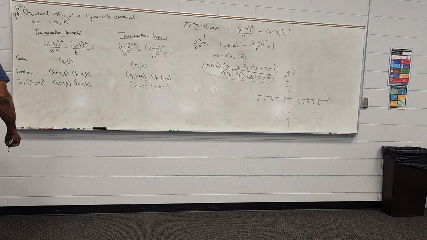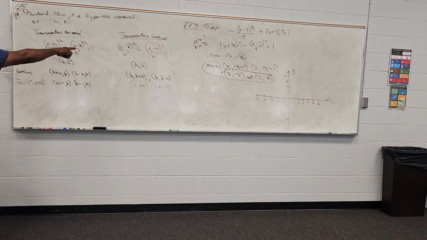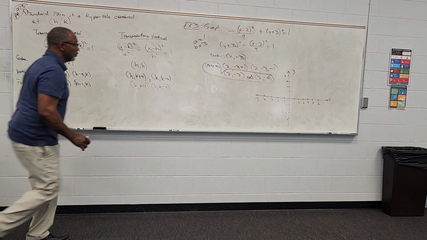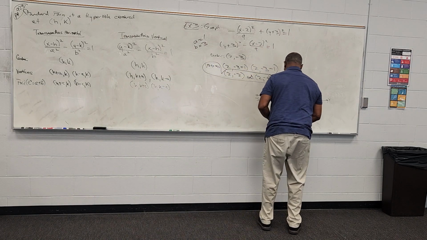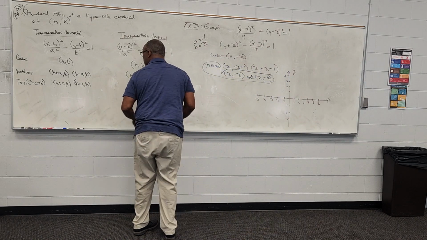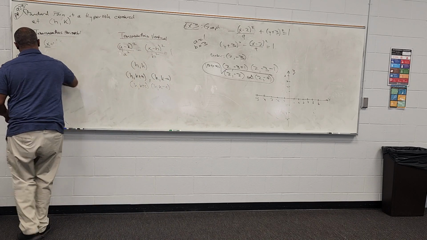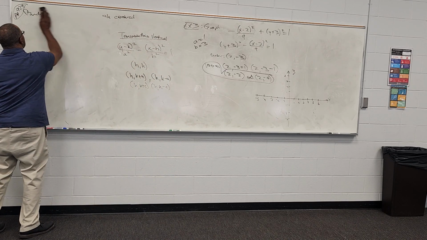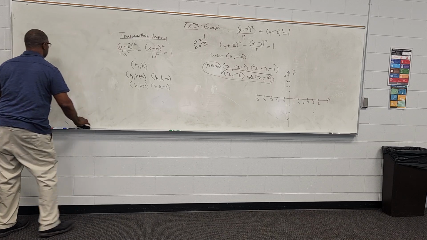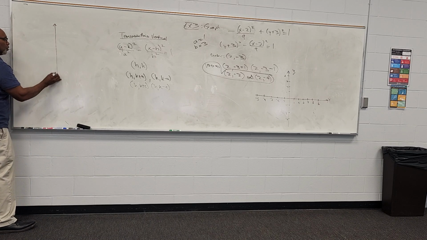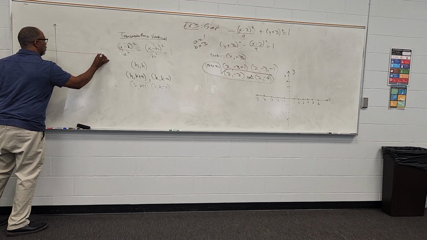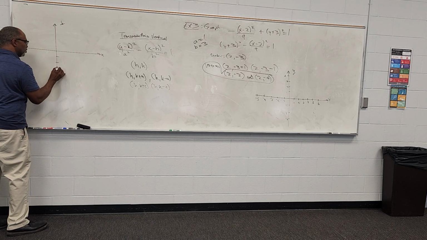I need to draw my box. I knew my transverse axis was vertical, because it's that second situation right there, not this one, it's that one. I know where the center is. The center is at 2, negative 3. And I need to modify my graph a little bit. Let me put the graph over here. The center is at 2, negative 3.